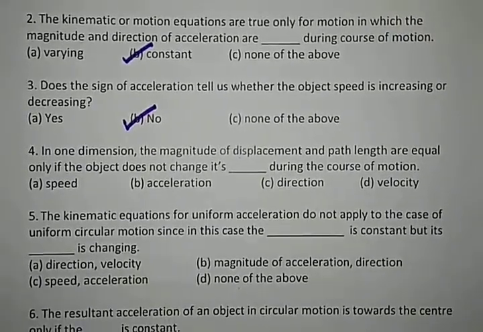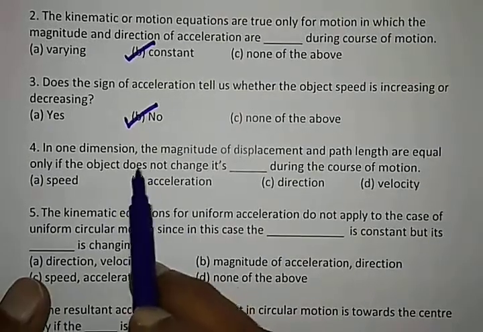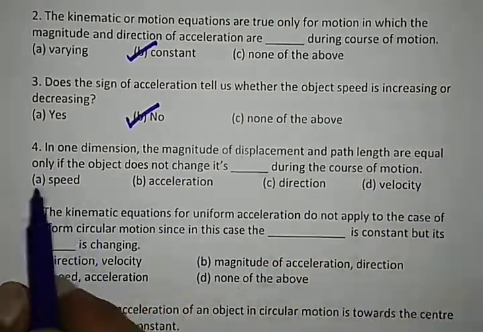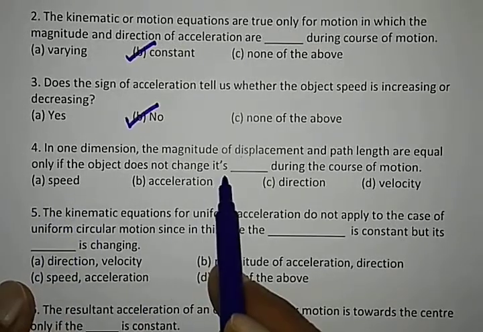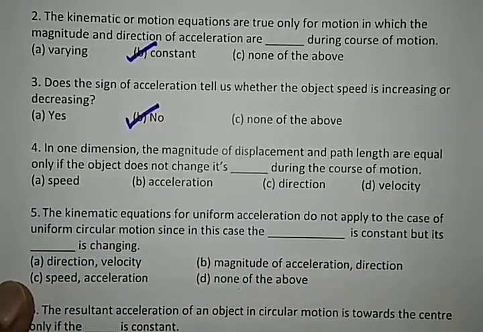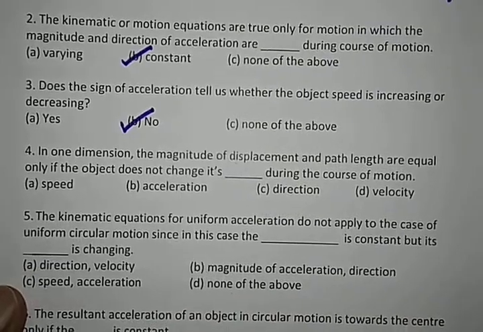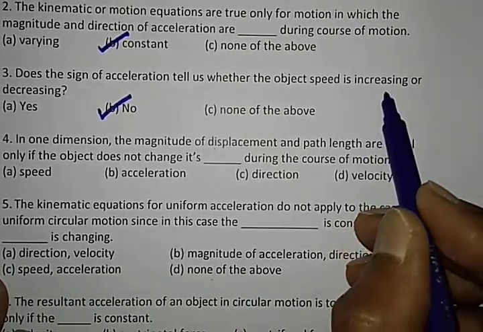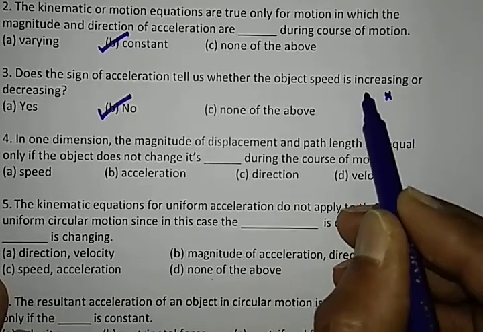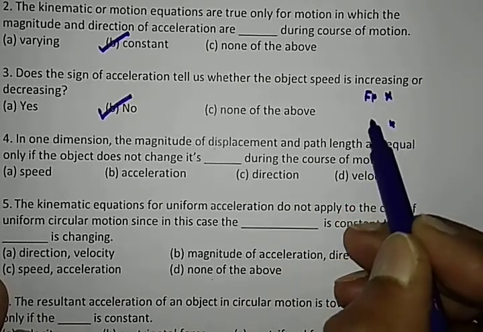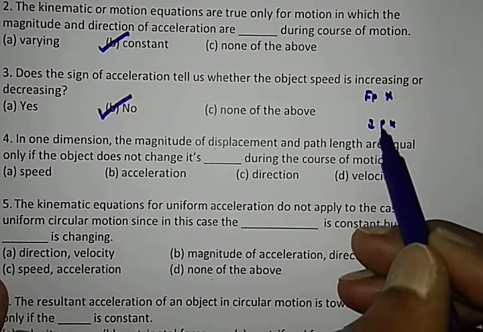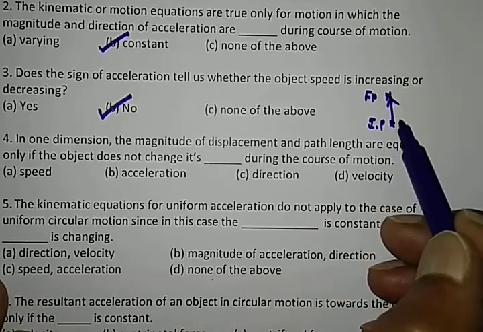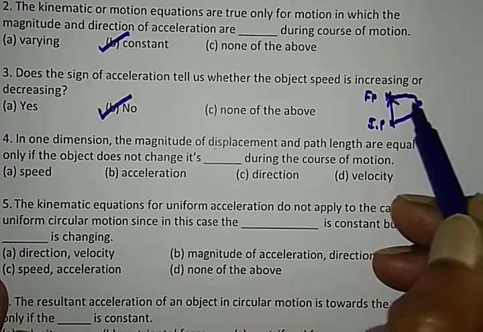Fourth one: in one dimension, the magnitude of displacement and path length are equal only if the object does not change its dash during the course of motion. This also we will just draw a small diagram. Suppose this is the final point and this is the initial point. One path is straight, you can go. The other one is you can go in any way you want.